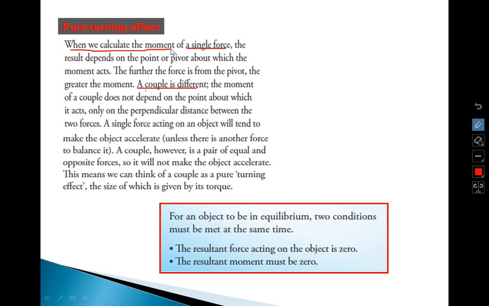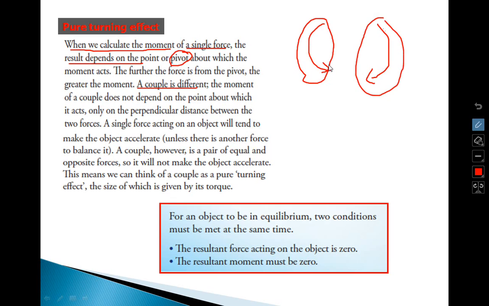When we calculate the moment of a single force, the result depends on the point of pivot about which the moments act. So we have one moment in clockwise sometimes, and the other one in anti-clockwise.